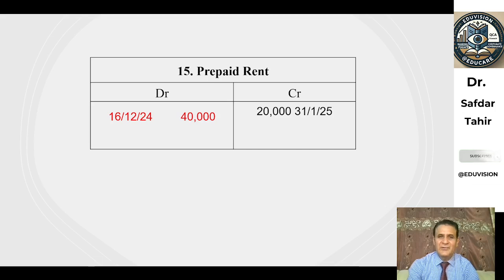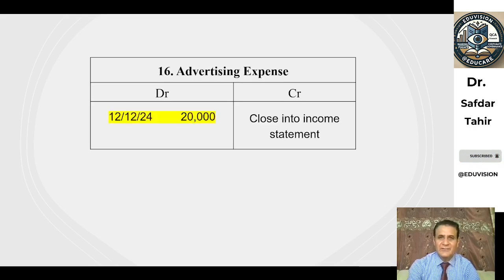Prepaid rent still has a balance of 20,000 rupees. Advertisement expense shows 20,000 and we also cut this account and paste it into the income statement. Salaries expense 50,000 is cut and pasted into the income statement.